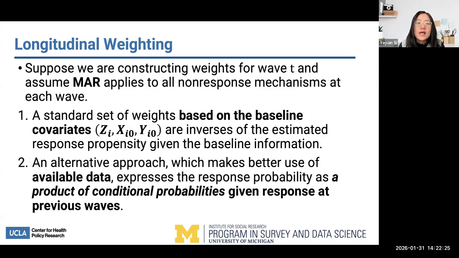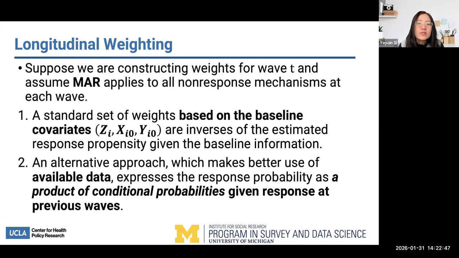Again, we should at least conduct a sensitivity analysis to assess the assumption of missing at random. If we want to extend to handle missing not at random, we need additional information or stronger modeling assumptions.